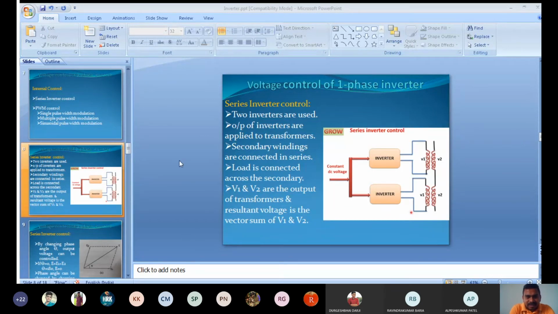Now what happens, the magnitude of sine wave increases. Now at this point, in this time duration what happens, the carrier signal is greater than the reference signal, so no pulse is generated. Okay, now at this point the carrier signal becomes equal to the reference signal.